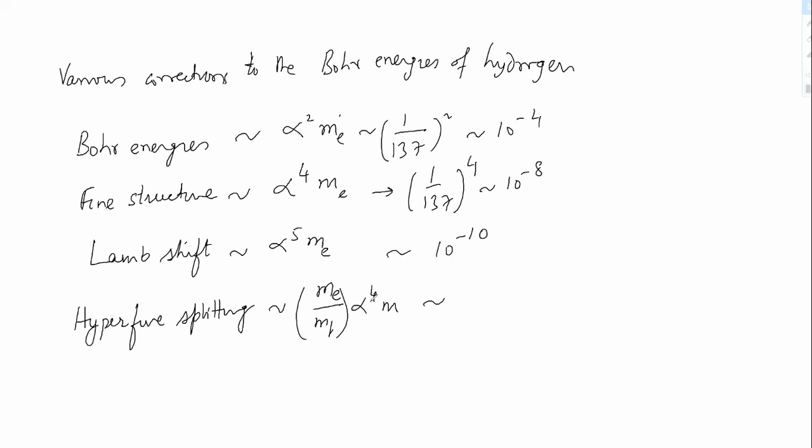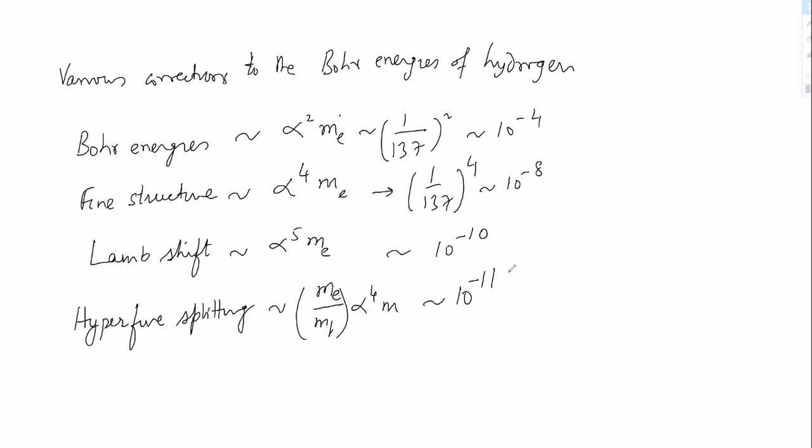Alpha 4 is of the order of 10 power minus 8, but me upon mp, where mp is the mass of the proton, which is almost 2000 times heavier than the mass of the electron. The 1000 here is in the denominator, and alpha 4 is 10 power minus 8.